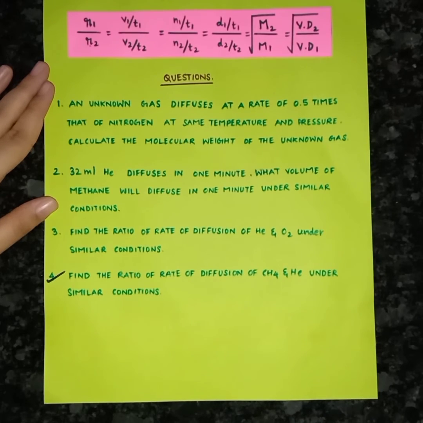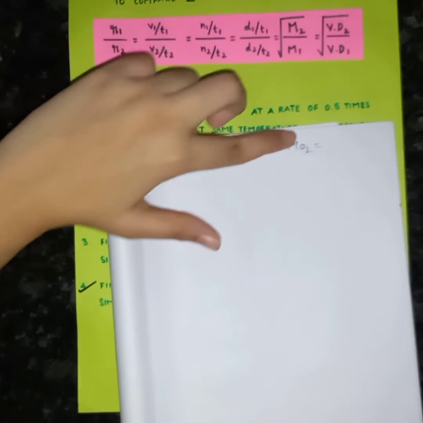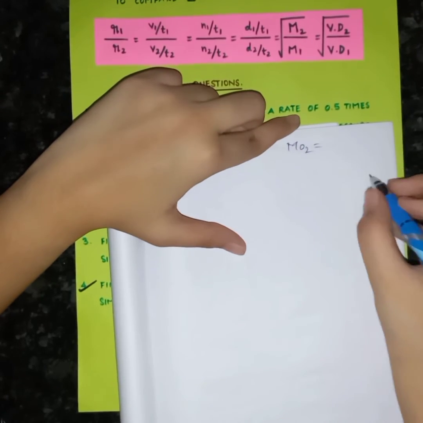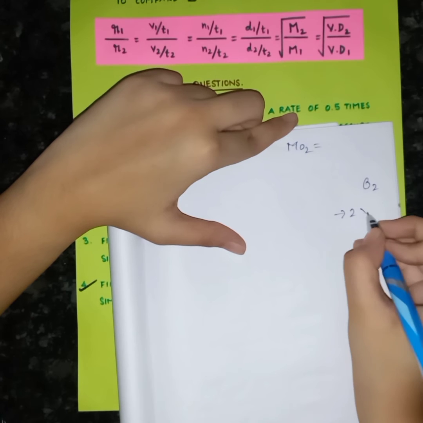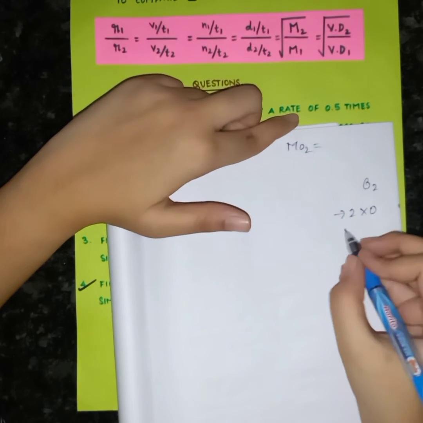Third question. Find the ratio of rate of diffusion of helium and O2 under similar conditions. Molecular weight of helium is 4 grams. Molecular weight of O2. In O2, there are 2 oxygen atoms. The atomic mass of one oxygen atom is 16 gram.